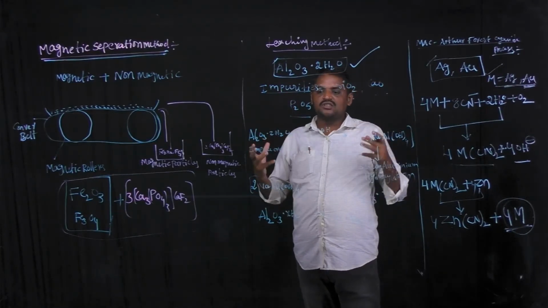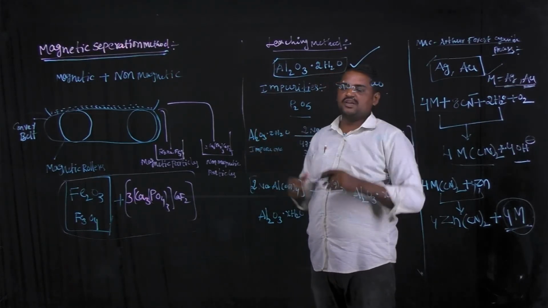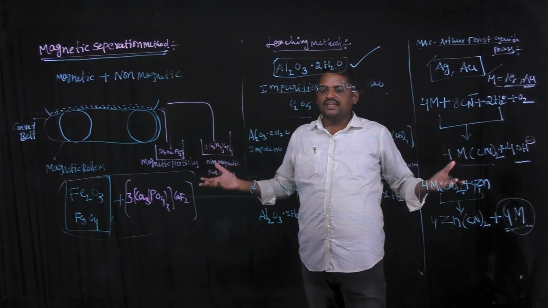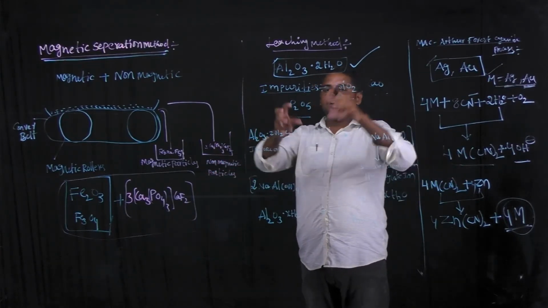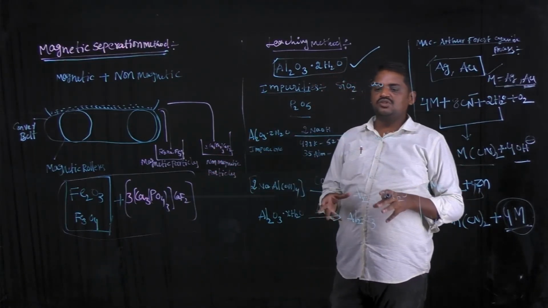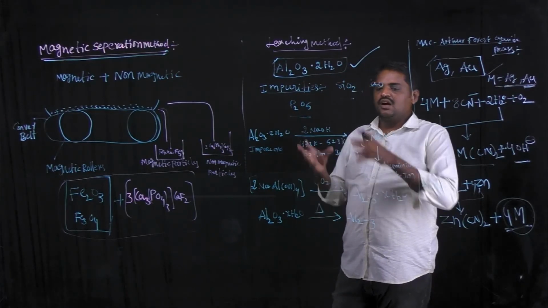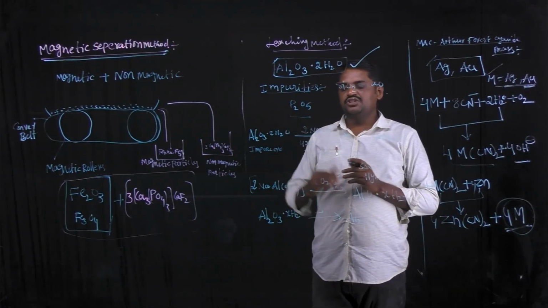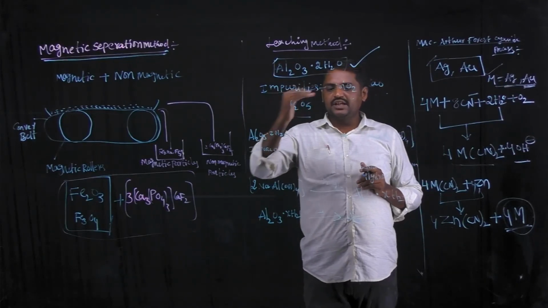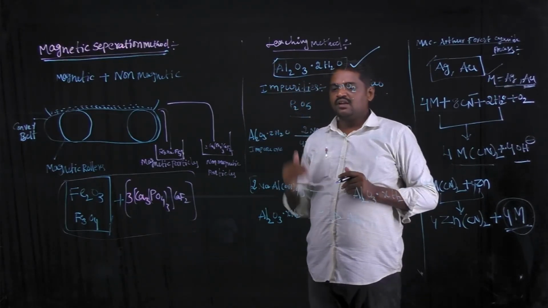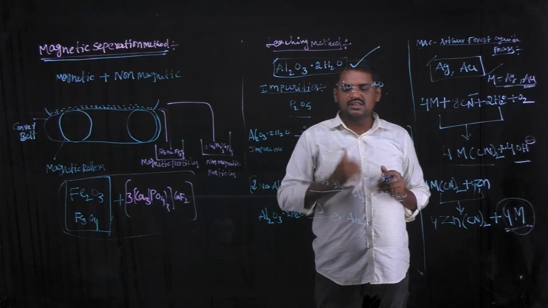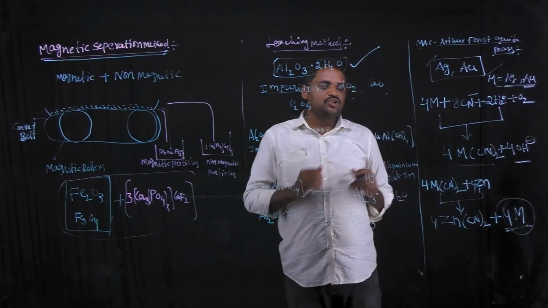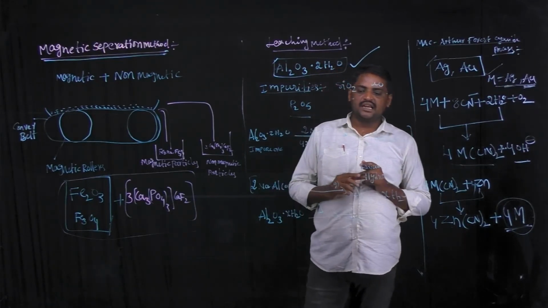These impurities are not soluble in any type of solvent. Only the aluminum oxide is soluble in hot sodium hydroxide solution. Aluminum oxide reacts with hot sodium hydroxide solution at 473 Kelvin to 523 Kelvin and 35 to 36 atmosphere pressure. These conditions are maintained to produce sodium aluminum hydroxylate ion.